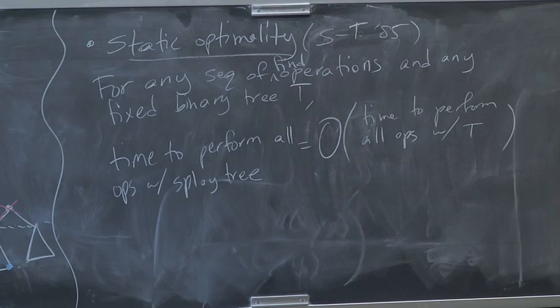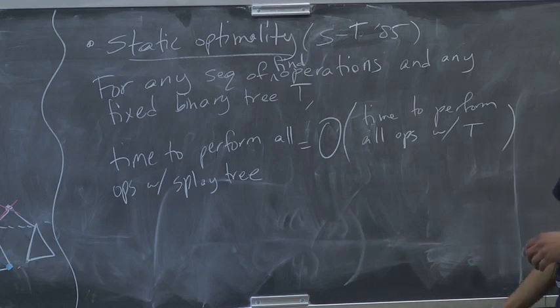You know what they are and what the order is, okay? And now you want to build a binary search tree which services that sequence of finds as fast as possible. So you can do this, I think I mentioned at the end of last class, with dynamic programming. You can find such a tree. If you're not familiar with that, I think it's in CLRS. It's definitely in the lecture notes from CS124 last semester.